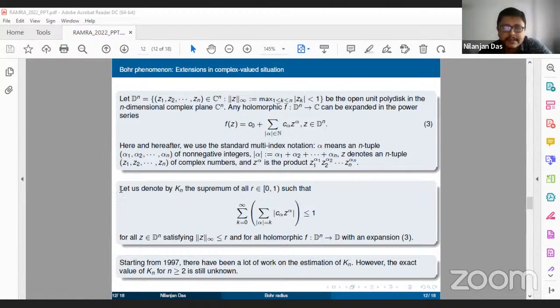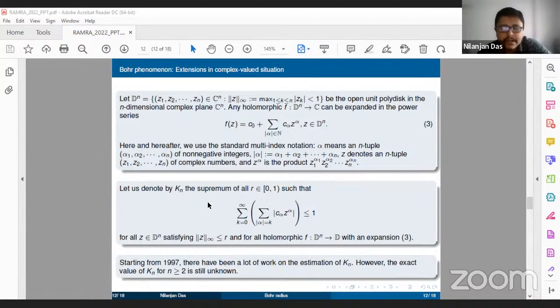So basically, we will denote by K n the supremum of all r belonging to (0, 1) such that this inequality, the Bohr inequality in the several variable situation, holds for all z inside the polydisk that satisfies sup norm of z less than or equal to r, and for all holomorphic f that maps the open unit polydisk inside the open unit disk in the complex plane.